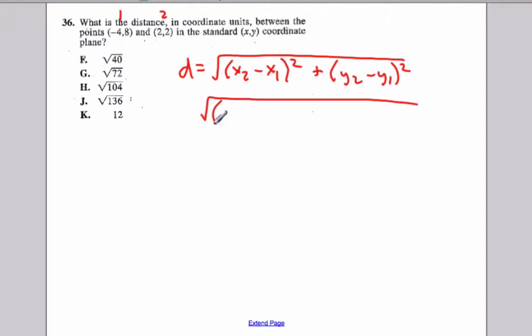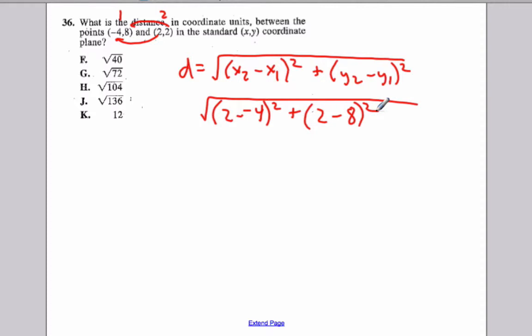So what I'm going to do is square root. The x values are 2 minus negative 4 squared plus, I went this way, 2 minus negative 4, then I need to do 2 minus 8 to stay consistent. 2 minus 8 squared.